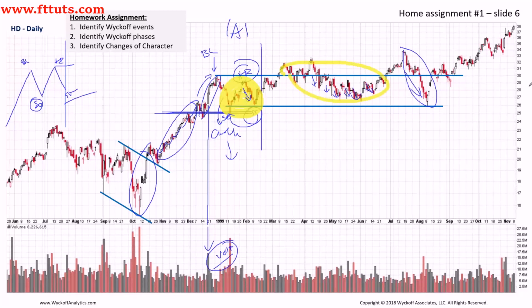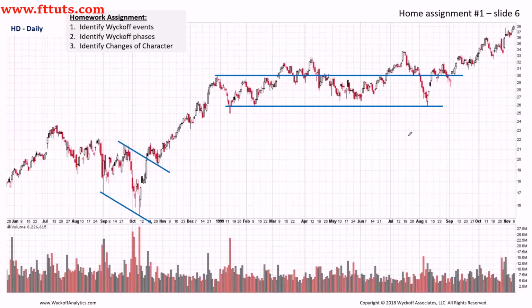So that's number one. Let's come back to the question by Neil Ash about the points of entry. In my trading, I would probably be thinking that after the upthrust action in phase B, the move to the downside is actually the move into phase C. So I would be interpreting this trading range as phase C, minor sign of strength, maybe major sign of strength right here, and the backing up action.